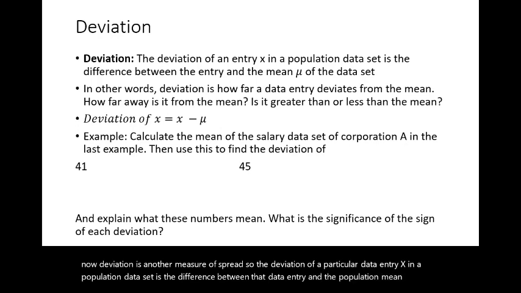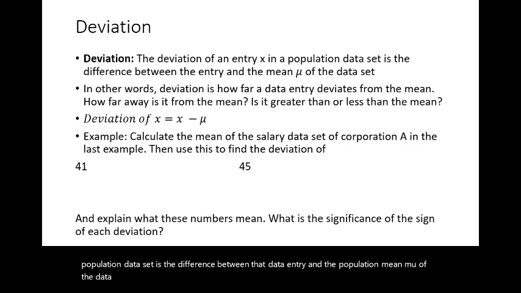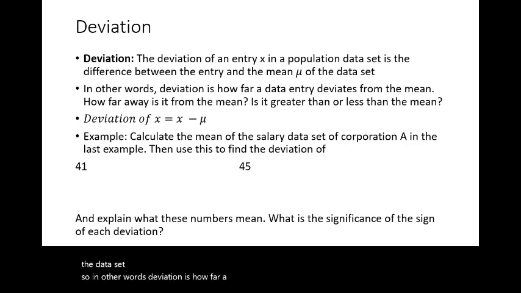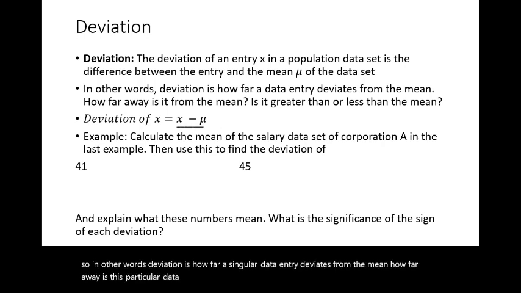It also tells whether that value is greater than or less than the mean. The deviation for a particular data entry x is given by the formula x minus mu, the data entry minus the population mean, and it is always in that order. You can have a negative deviation, and we're going to talk about what that means.